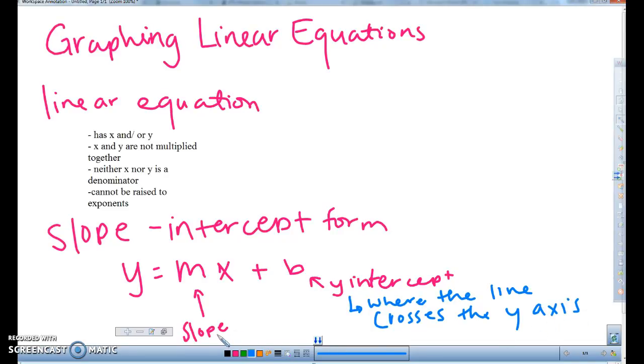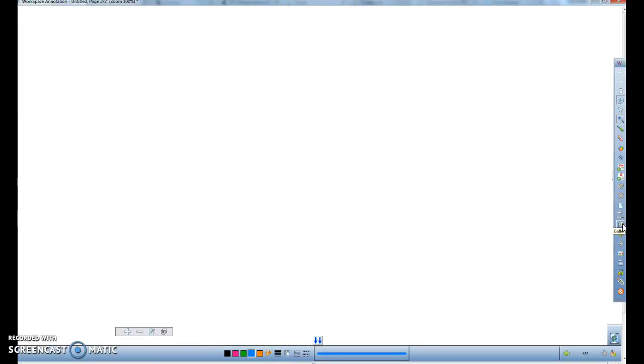Okay, and slope, if you remember from last year, or even if you don't, is the rate of change. Okay, and we'll talk more about that. So slope-intercept form is definitely one way to write an equation. In fact, it'll be the most popular way we're going to write equations. But we also need to look at what standard form is.